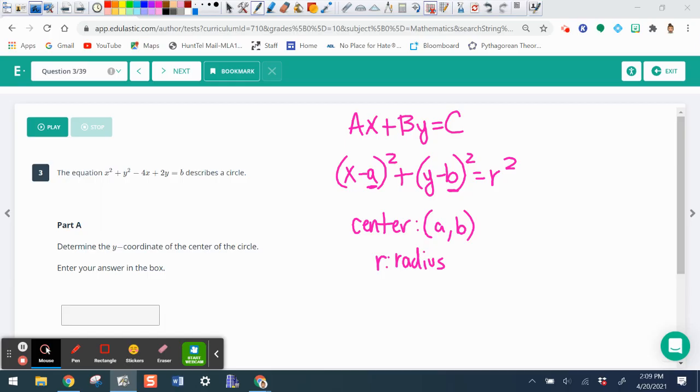So what we're going to do, because we need to find the y-coordinate of the center of the circle, is write this equation in standard form so that we can find the y-coordinate, which is b, for the center of the circle. To do that, we're going to perform something called completing the square.